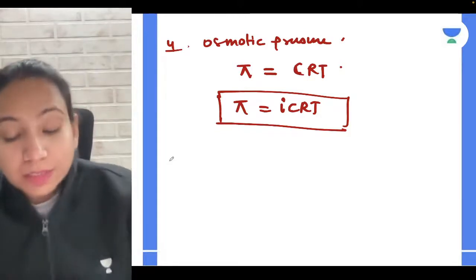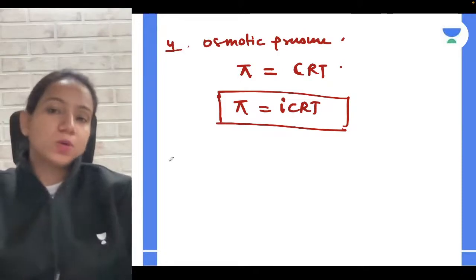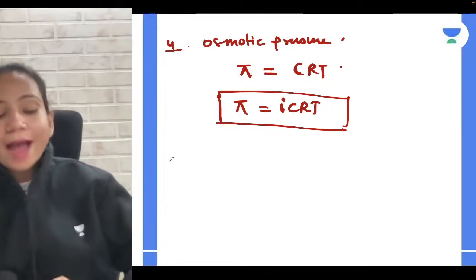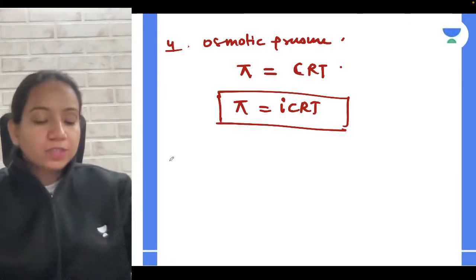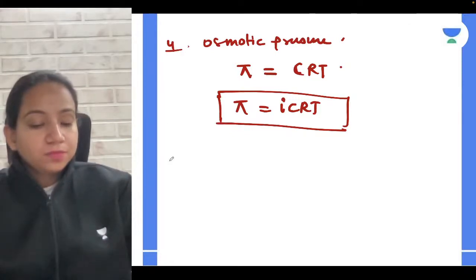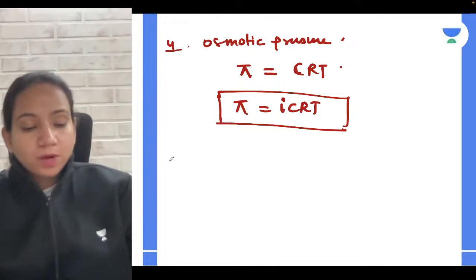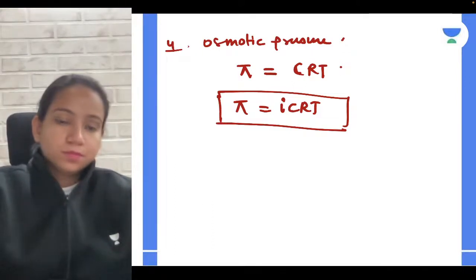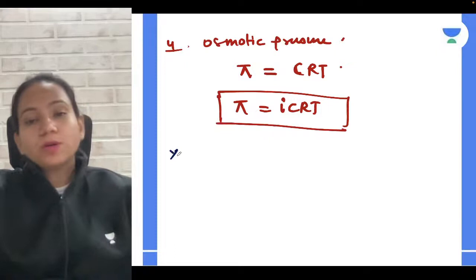Now, if we get to know about I, it can help us get the normal molar mass, but there are some more applications of the Van't Hoff factor. So let's discuss the applications of Van't Hoff factor.